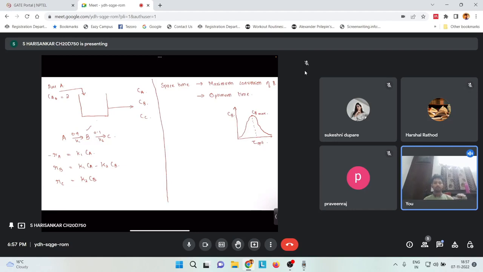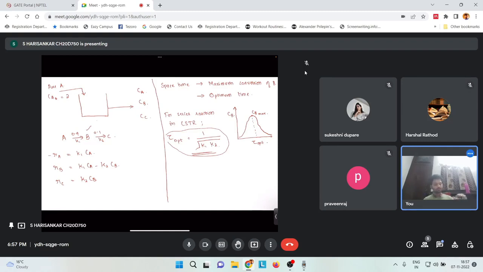Now for a series reaction in a CSTR, the optimum time tau optimum will be given as 1 by root of K1 K2, where K1 and K2 are the reaction rate constants of the different series reactions happening in the system.